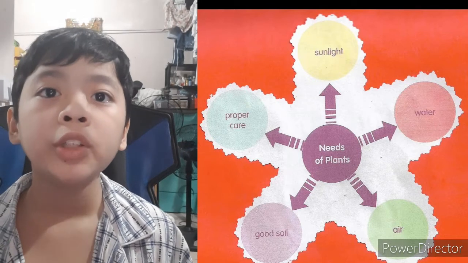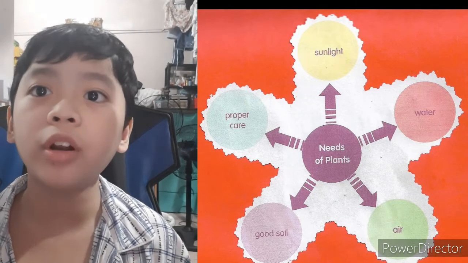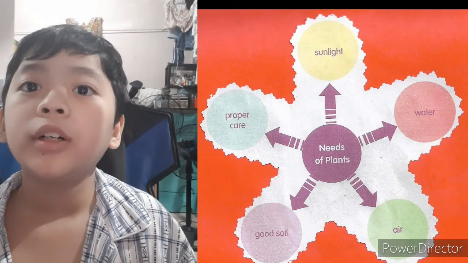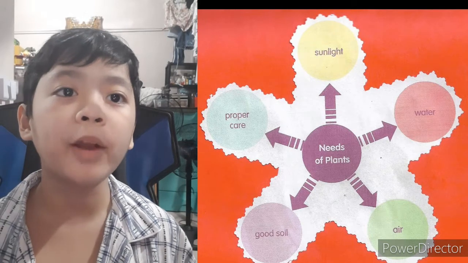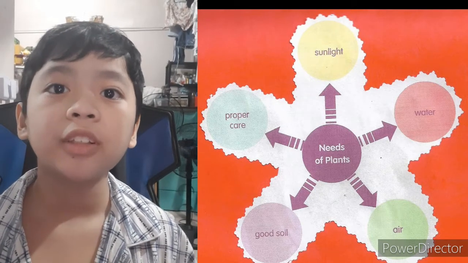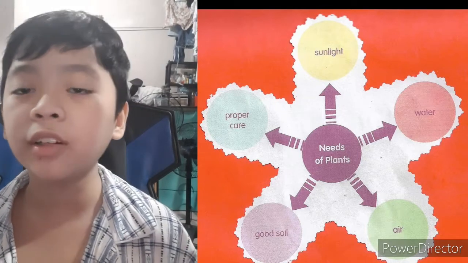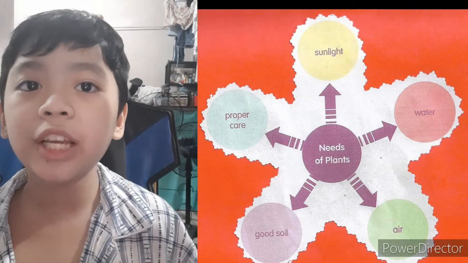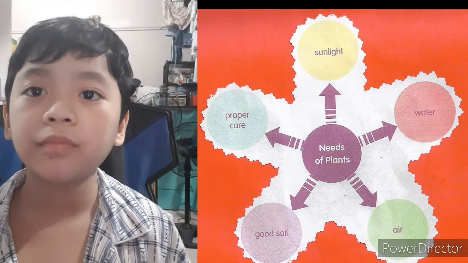In order to grow healthy, one good kind of soil is loam, which is favorable for the growth of plants because it is rich with humus, a substance that comes from decayed plants and animals. These decayed materials make the soil fertile.